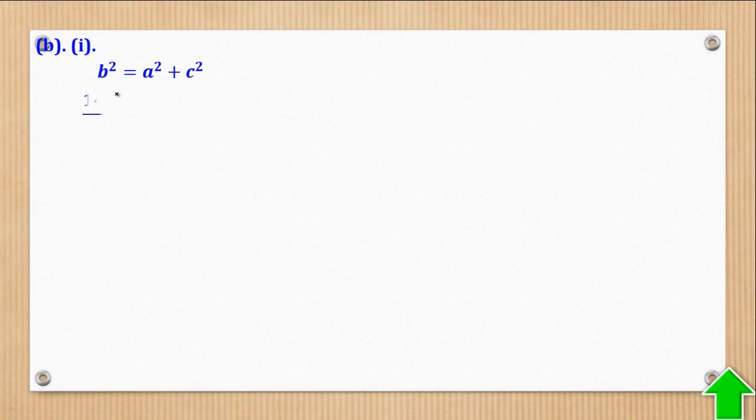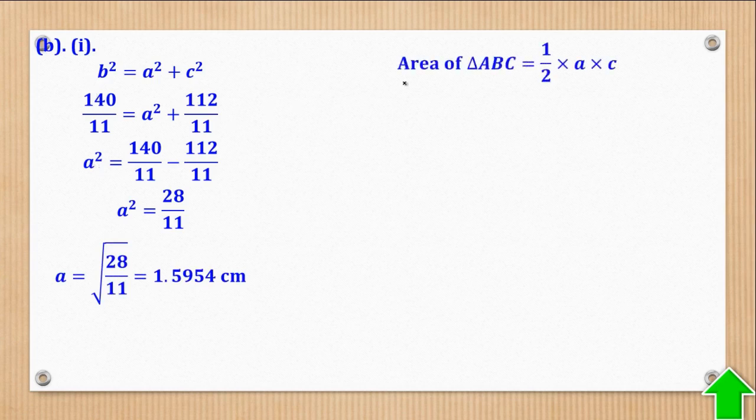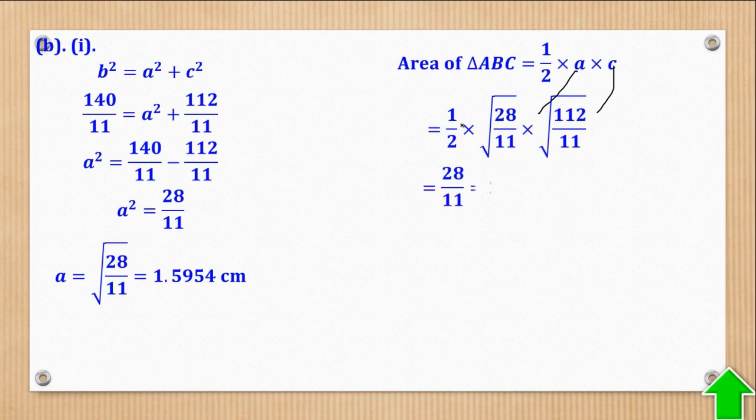So from Pythagoras theorem, B squared is equal to A squared plus C squared. Substitute for B squared, substitute for C squared, and make A squared the subject. Then you can get the square root. After getting the value of A, I can now get the area because area is base times height. So base is A, height is C. So in the end, we come up with 28 over 11, which is 2.5455.